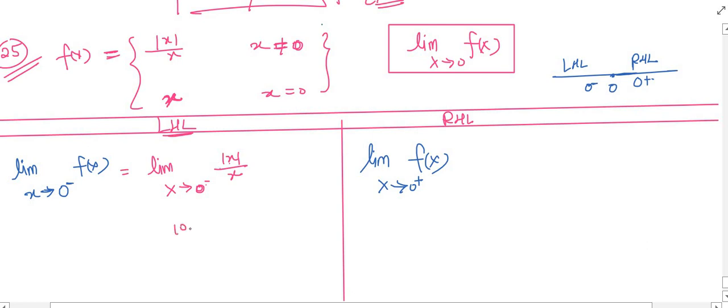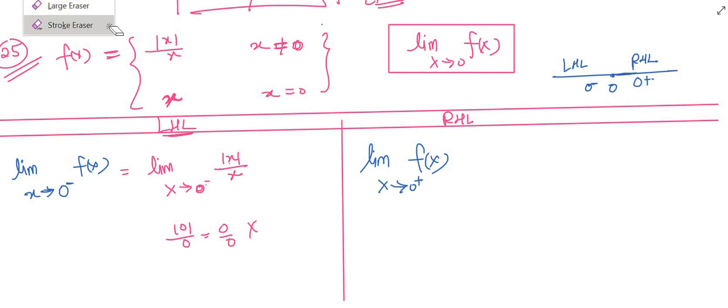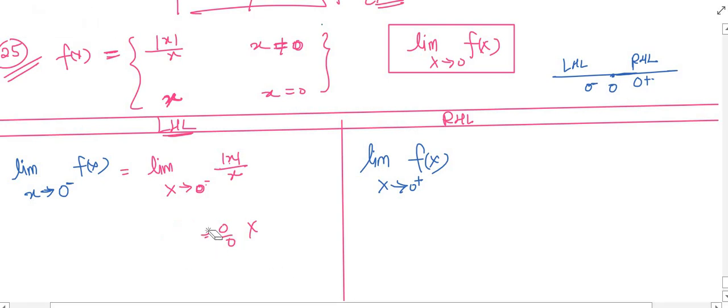Mod of 0 by 0 is 0 by 0. In limits, 0 by 0 is never accepted, so we will discard it. Now which method should we apply? Whenever we end up with 0 by 0, we either use a formula or we simplify. Here there is no scope of formula or simplification, so we will apply the h method.